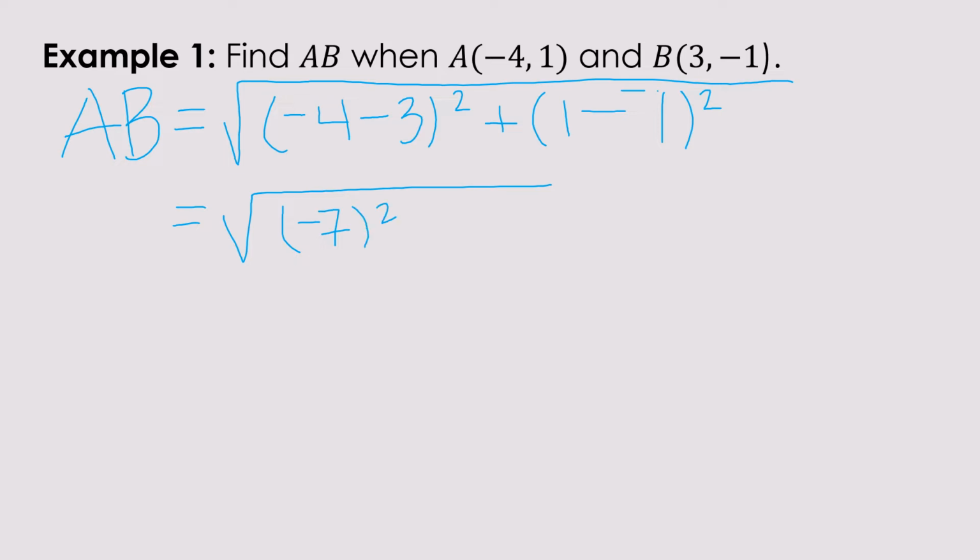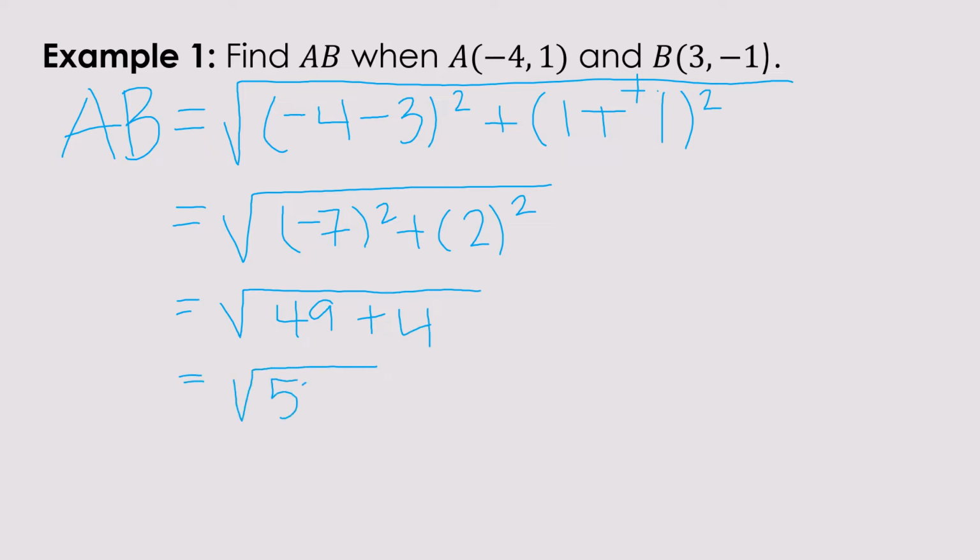And 1 minus -1 becomes plus, so that is 2 squared. -7 squared is 49. Remember that when you square a number, it's always positive, so don't ever write a negative number after this step. 2 squared is 4, and 49 plus 4 is 53.